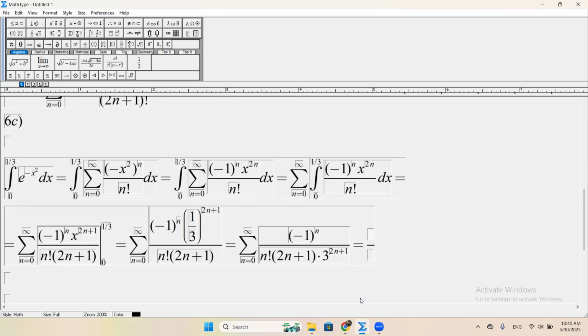So when substituting, 1/3 minus 1 over 3 by 3^3, then plus 1 over 2 factorial, so 2 by 5 by 3^5, minus 1 over 3 factorial by 7 and by 3^7.